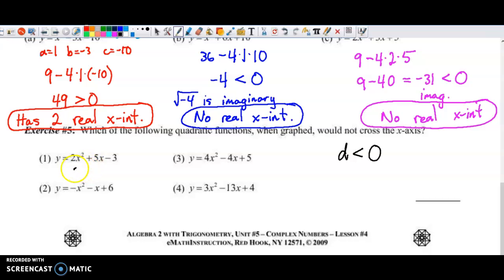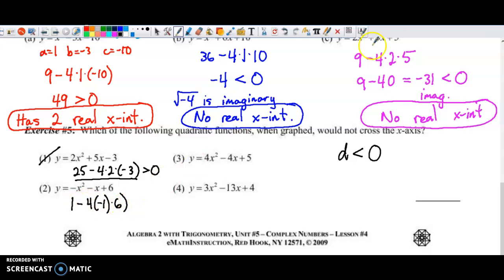You could actually work it out. 5 squared is 25 minus 4 times a times c. Well, here's the thing, we're just going to get a positive there, 25 plus a number. So that's going to give me two real solutions. That is a number bigger than 0. Same with the next one. -1 when you square it is +1 minus 4 times -1 times 6.